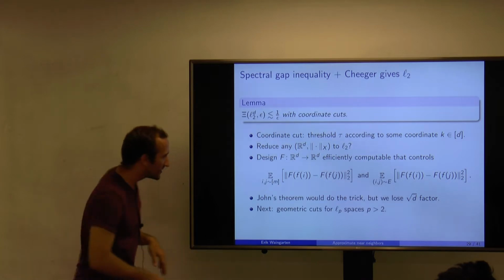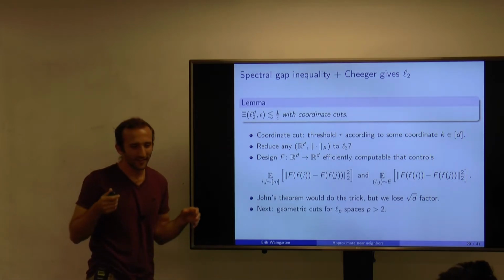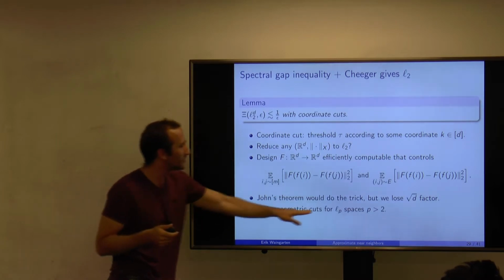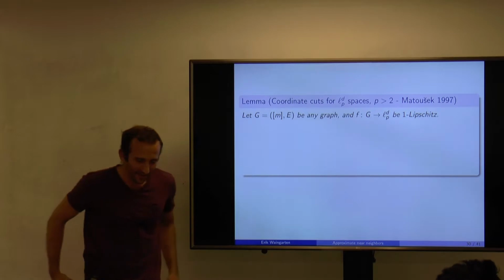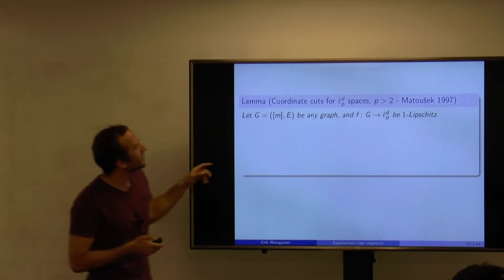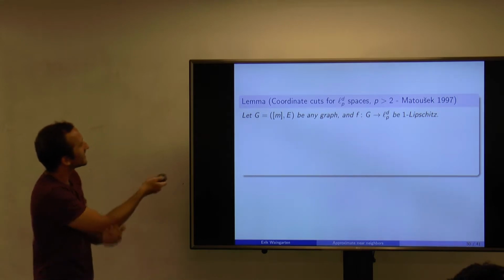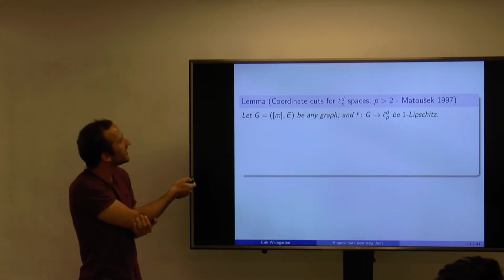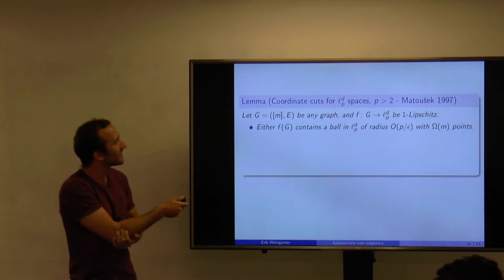Okay, so let me show you just how this is done for LP spaces. So I'm going to get nice geometric cuts for spaces in LP where p is greater than 2. Okay, the lemma is that you can get coordinate cuts for LP spaces, and this was shown by Matousek. It says the following. So you have a graph G, and you have an embedding of that graph into LP which is 1-Lipschitz.